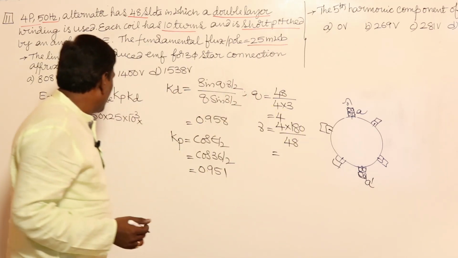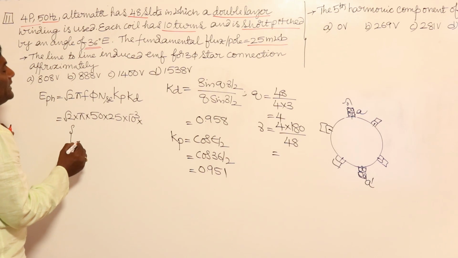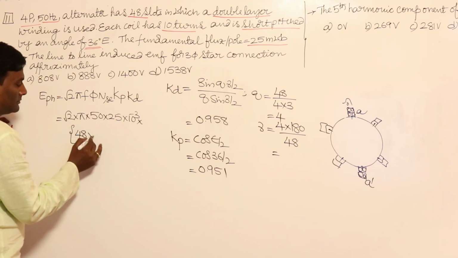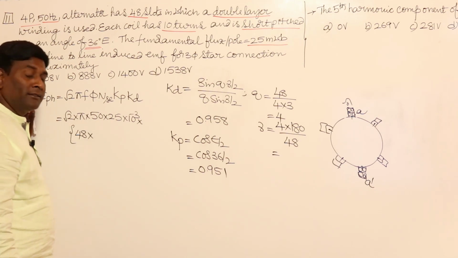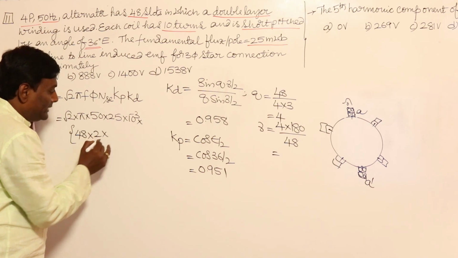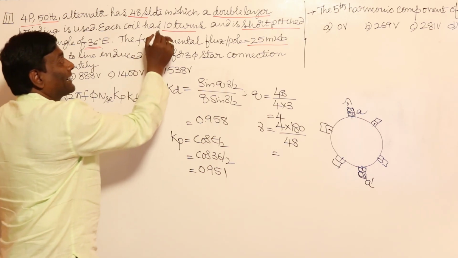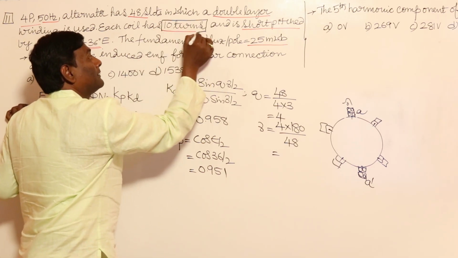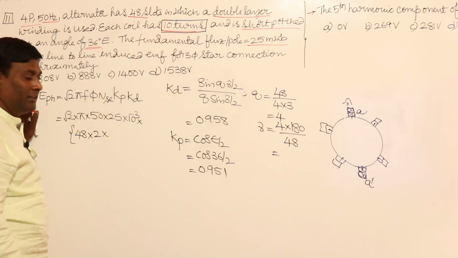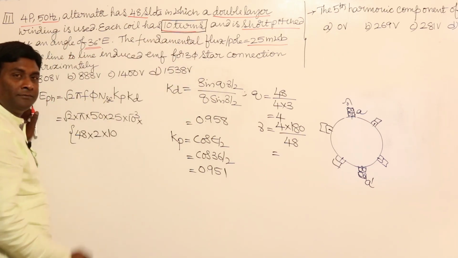Coming to the point, see how many slots are there? 48. And in each slot, how many layers are there? 2. In each layer, how many conductors are there? Focus here. Conductors are 10.